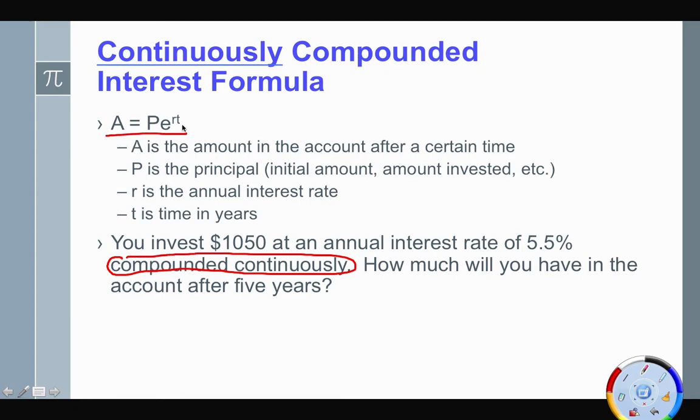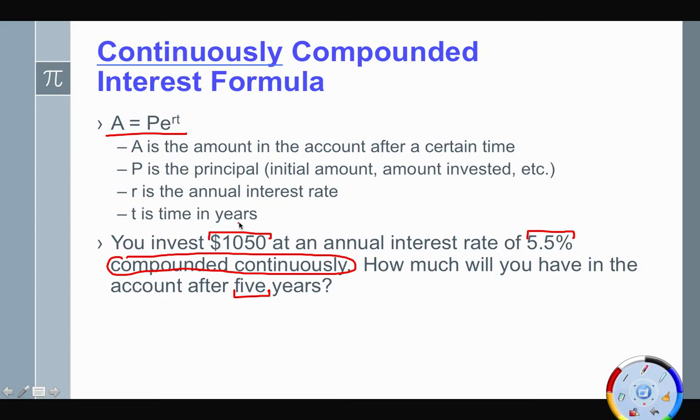Our next slide has the one where it's not continuous. So when we have compounded continuously, we're going to use this. That means we are going to use A equals P times e to the rt. And we invest $1,050 at a rate of 5.5% after 5 years.